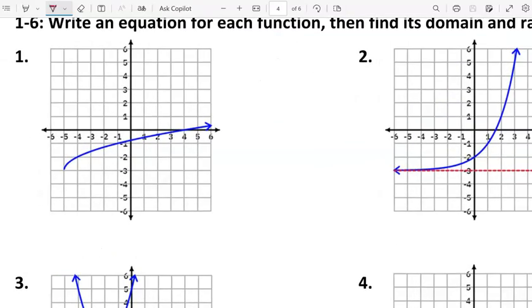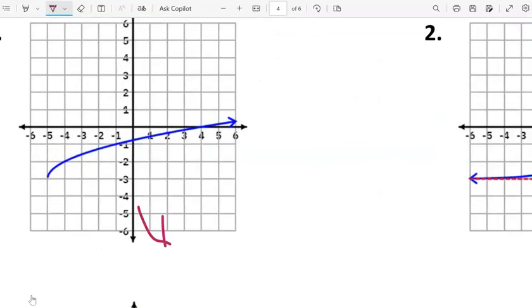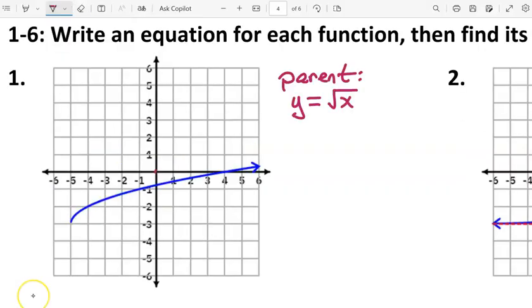So I'm going to start in number 1 by identifying the parent function. We can recognize this shape as the shape of the square root function. The graph of the square root function looks like this. And so it is clear that this graph was moved left 5 and down 3 to produce the graph of the transformed function.